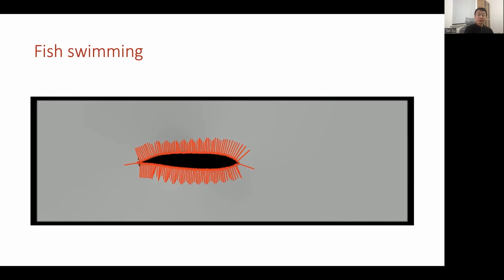Hopefully this matches our intuition of what a fish will experience if it is immersed in water. And there is some quantitative analysis on top of this, which I will turn to shortly after.